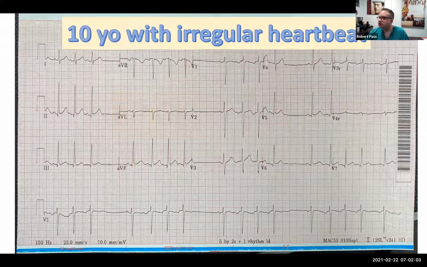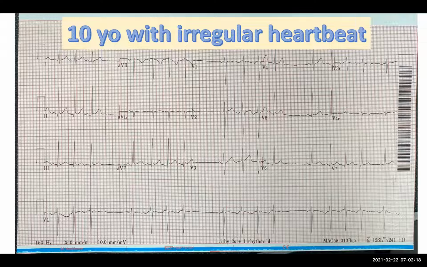So this is a 10-year-old who comes into clinic with an irregular heartbeat. Why don't I ask Neha what you think is going on here? Looks like sort of group beating.